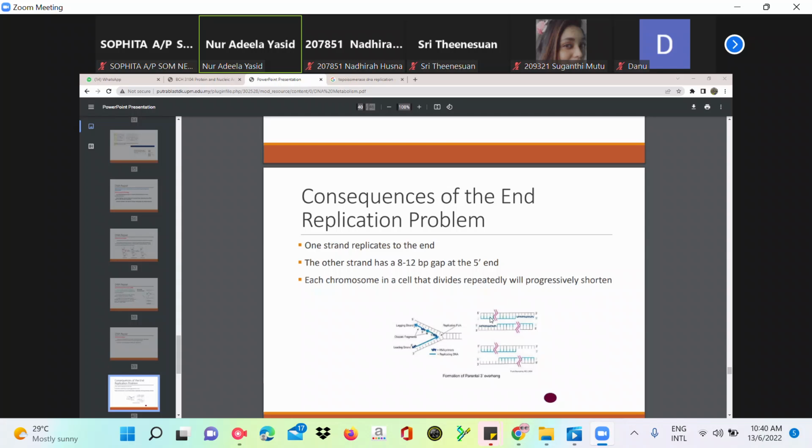We know the polymerase cannot synthesize the extreme 5' end of the lagging strand, so the linear chromosome shortens at both ends. But this has disadvantages.